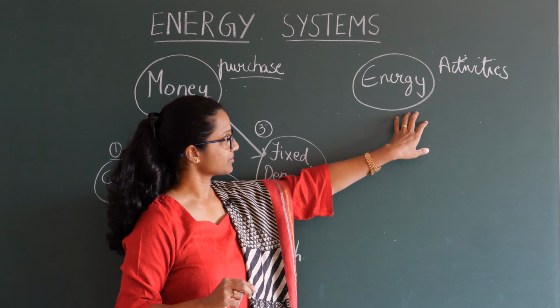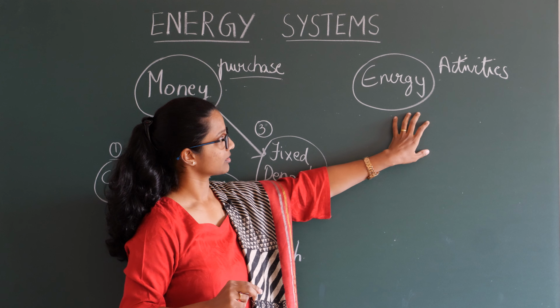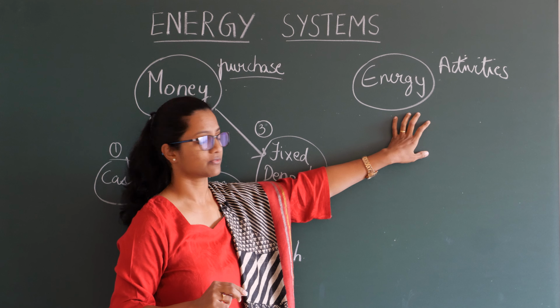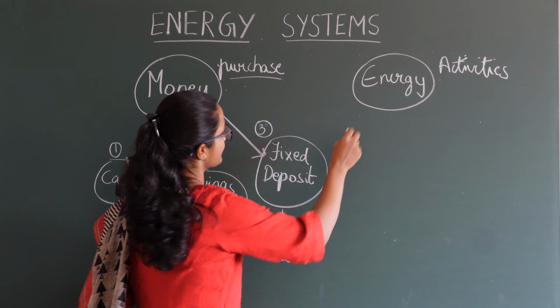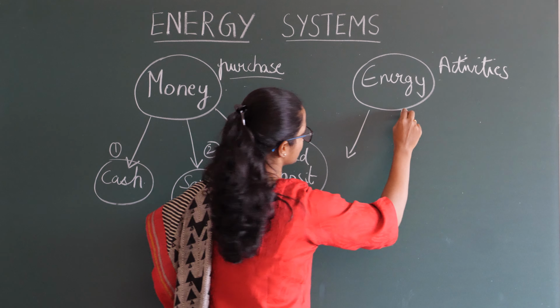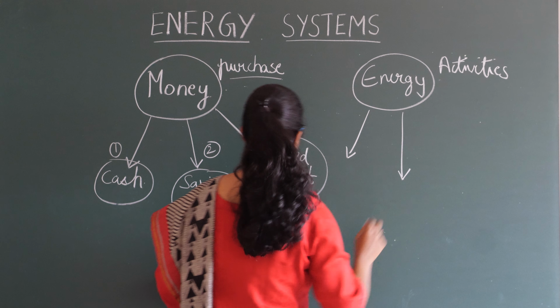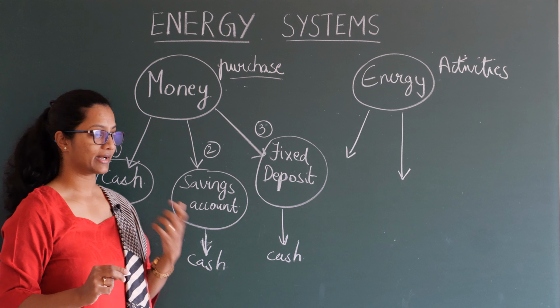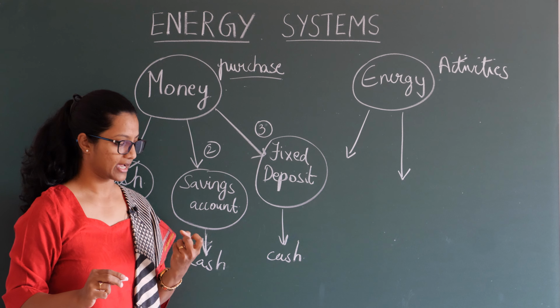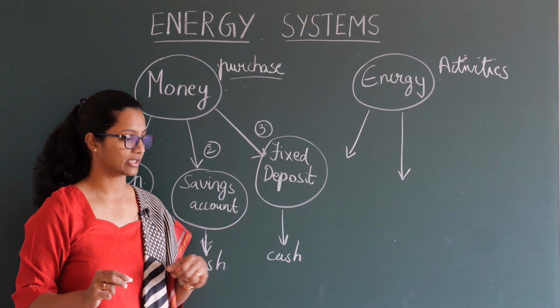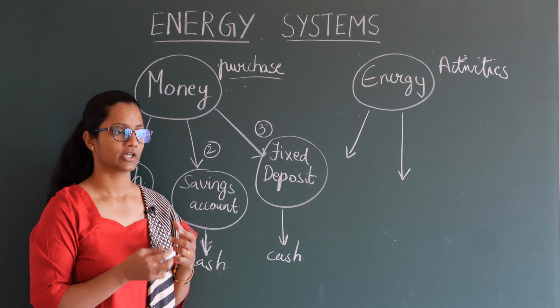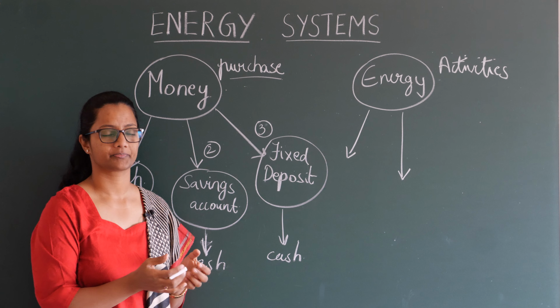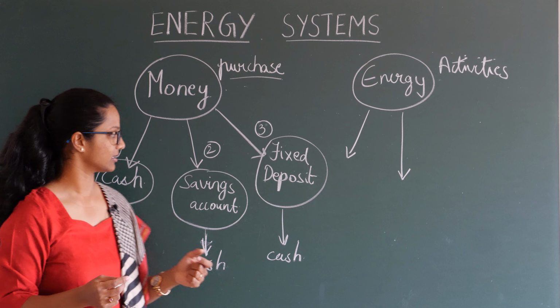Now to use energy we require a form, and that is like the man, he had cash with him, so ready money with him, ready cash, so whenever he wanted he could spend that money. It was readily available with him. He could spend the money.